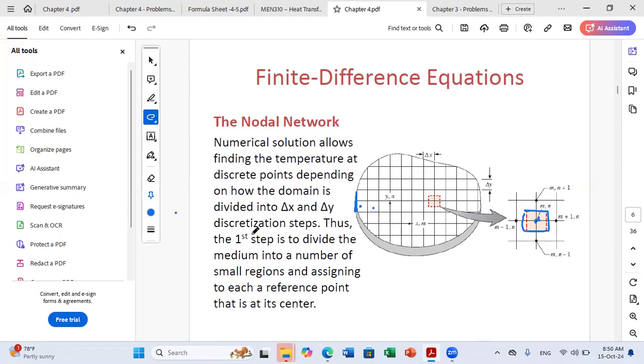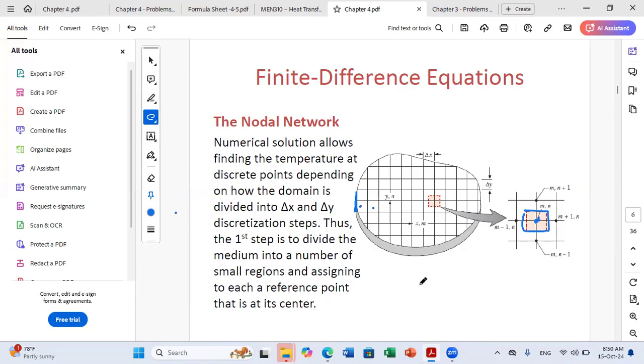Therefore, the first step is to divide the medium into a number of small regions and assign to each a reference point that is at its center. So for each element, I have to define the node, the center, and the four faces if you want, limiting it.